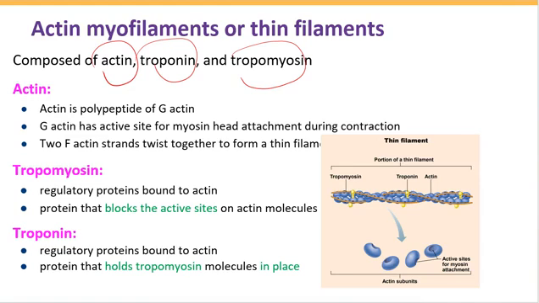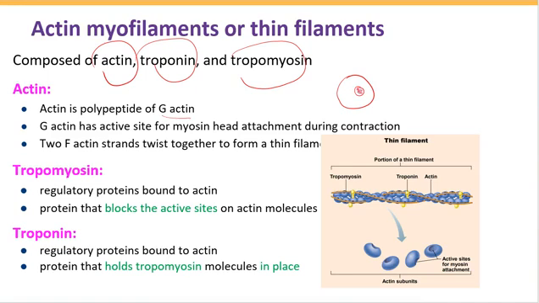If you look at a myosin molecule, which is a globular molecule, that's the reason we call this G-actin. So each of these actin molecules or G-actin has a binding site for the myosin molecule. So remember that.